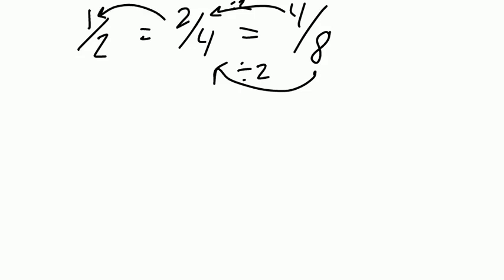And if you divide that by 2 again, you get 1. Because we did the same operation to the top and the bottom, in this case dividing by 2, it makes this equivalent. Because we divided the denominator by 2, and we divided the numerator by 2, it makes them equivalent.